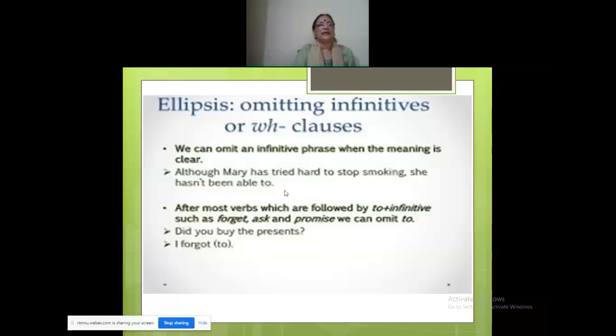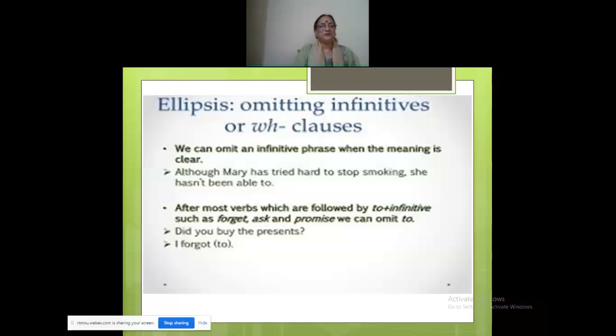She hasn't been able to is enough. Sometimes verbs which are followed by to, so we have to see कि कहाँ to आएगा, कहाँ to नहीं आएगा. It is not necessary that everywhere we have to write to, because after some verbs we can omit to. So, did you buy the presents? I forgot. I forgot to buy. बोलने की जरूरत नहीं है. I forgot. So, isn't this interesting?